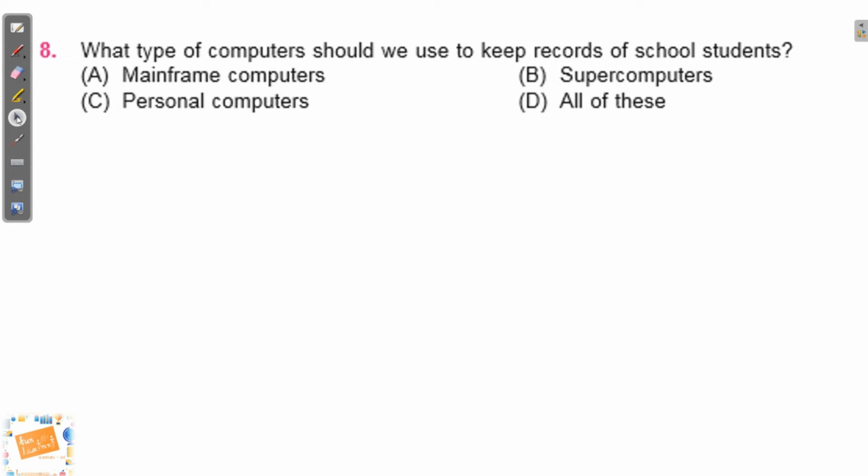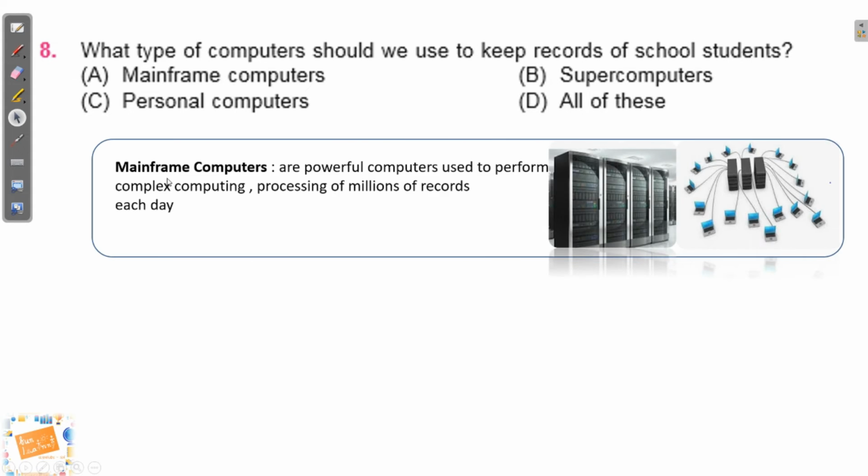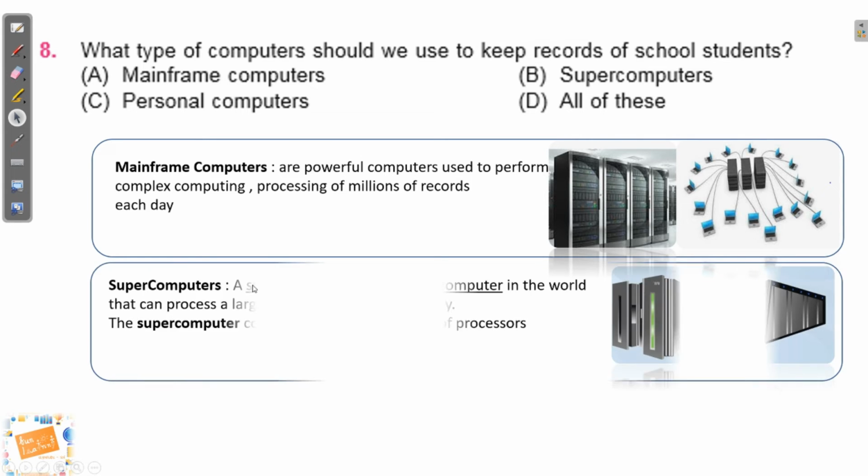Well, let's look at the explanation before choosing the right answer. Mainframe computers are powerful computers which are used to perform complex computing and process millions of records each day. As you see in the picture, these are vertical cabinet sort of computers which have the processor in it. The next is supercomputers.